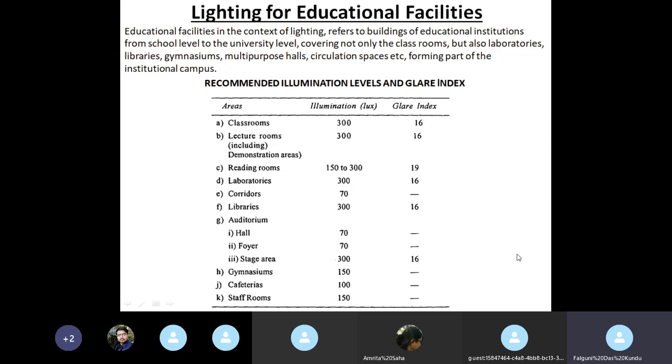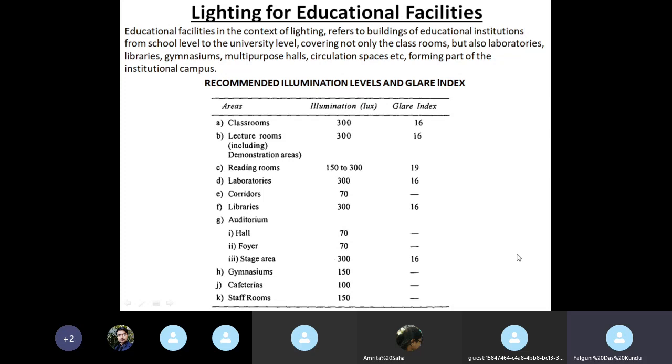Reading rooms, this is 150 to 300 lux and the glare index is 19. Then for the laboratories, the illumination is 300 lux and the glare index is 16. For the corridors, 70 lux. Libraries 300 lux and glare index is 16.